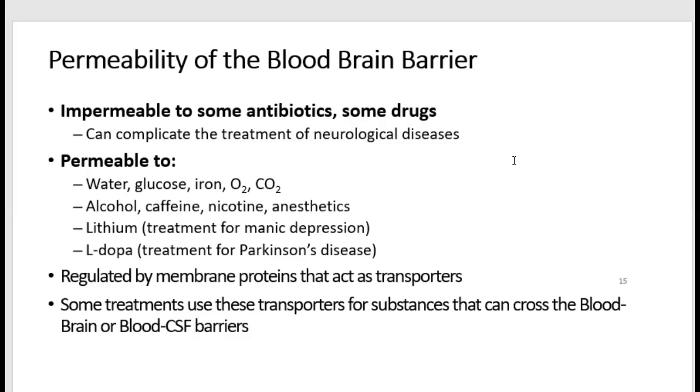It also allows alcohol, caffeine, nicotine, and some anesthetic pharmaceuticals to cross. In addition, there are two important neurological diseases for which we have treatment that can cross this blood-brain barrier. For manic depression, lithium can cross, and for Parkinson's disease, L-DOPA can cross.